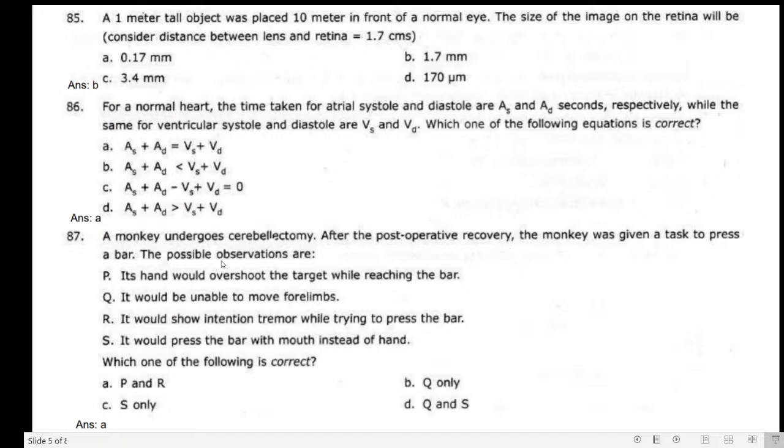The observation is that its hand would overshoot the target while reaching for the bar. After the cerebellectomy, the behavior of the monkey changes: its hand overshoots the target while reaching for that particular bar.